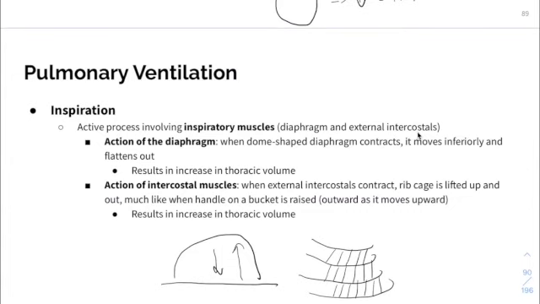Between the diaphragm and the intercostals contracting, both of them, because when the diaphragm goes down, it's contracting, that all allows that entire thoracic cage to enlarge. So your lungs have that space to inhale air.